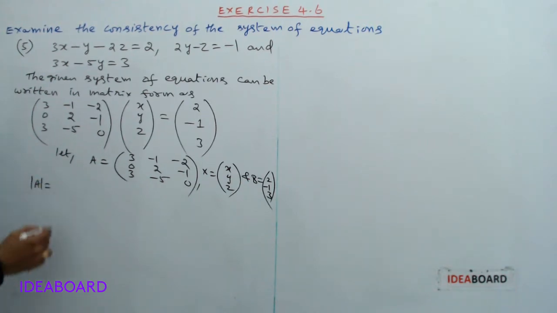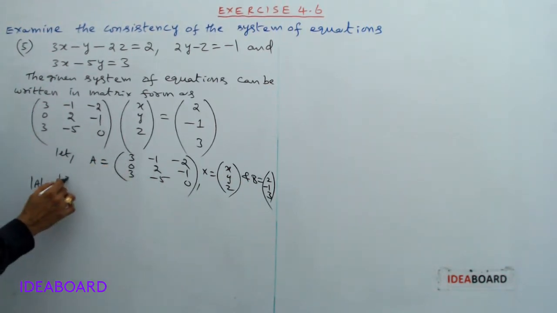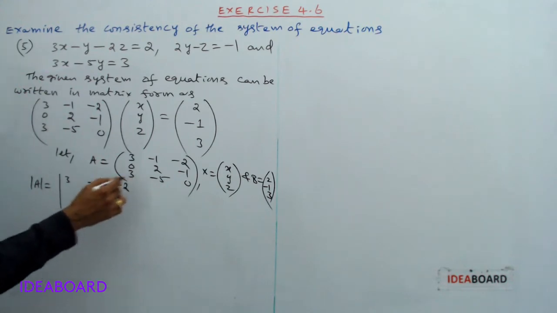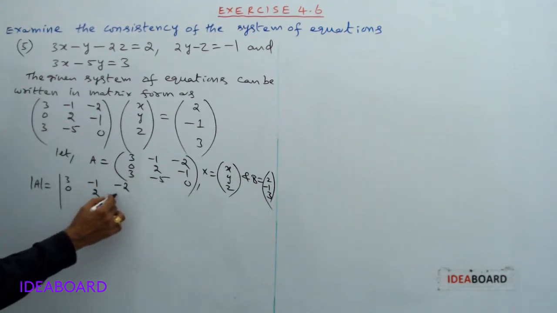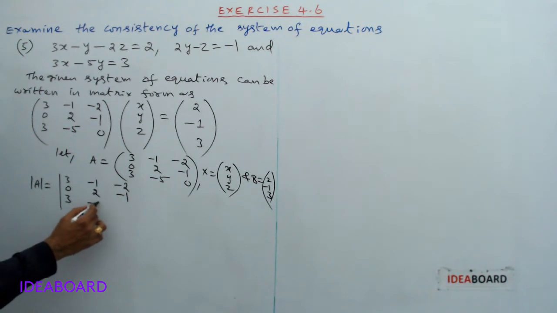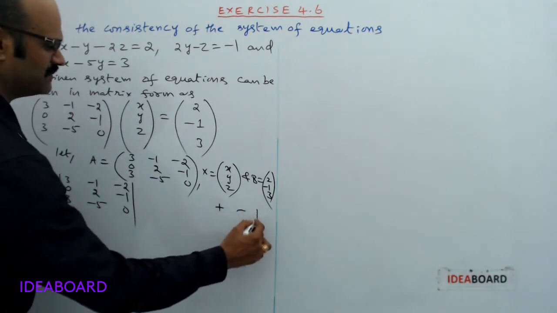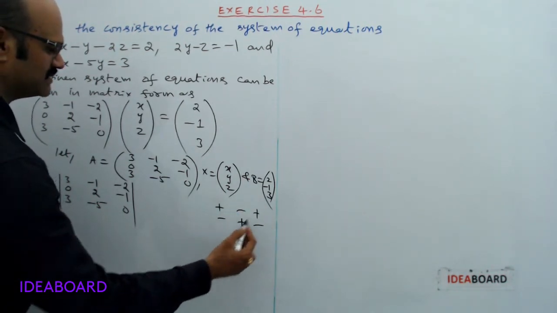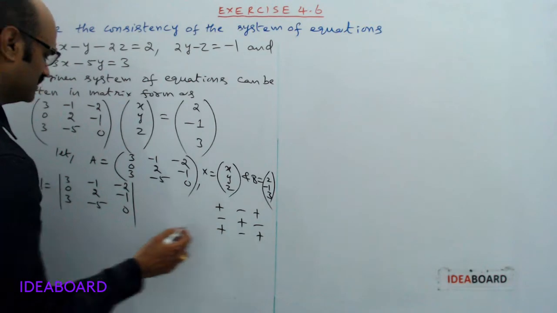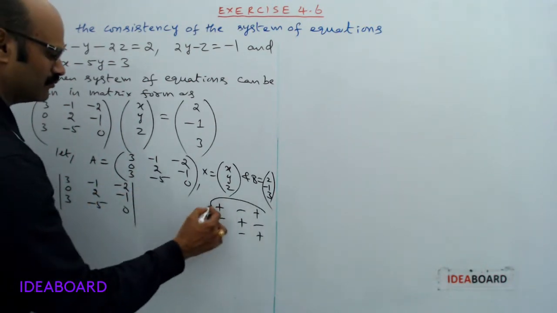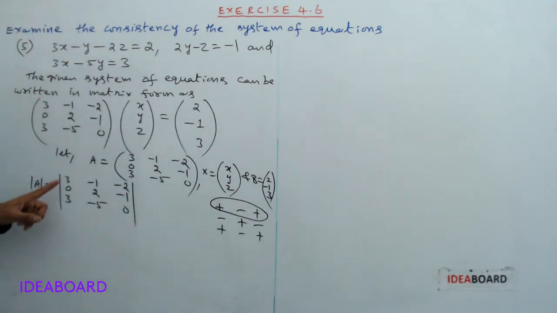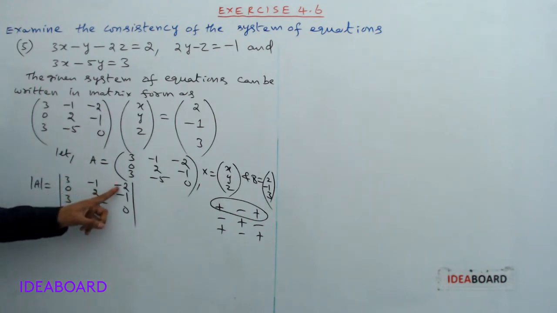Determinant of A equal to determinant of 3, minus 1, minus 2, 0, 2, minus 1, 3, minus 5, 0. We have to take the signs plus, minus, plus, minus, plus, minus, plus, minus, plus. Expand along the first row. So here the first row is 3, minus 1, minus 2.